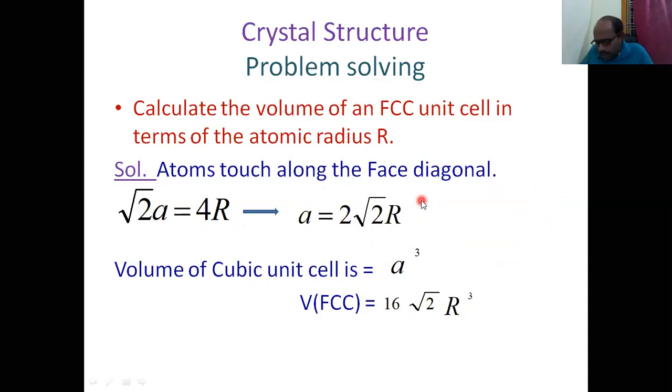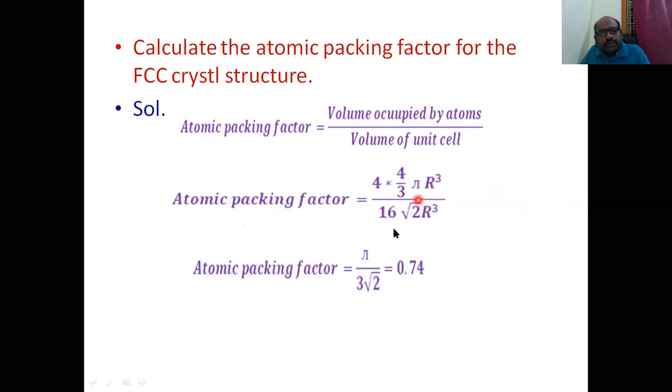So we see the next problem. Here we are seeing: calculate the atomic packing factor for the FCC crystal structure. So atomic packing factor or packing fraction is defined as volume occupied by atoms divided by volume of unit cell.